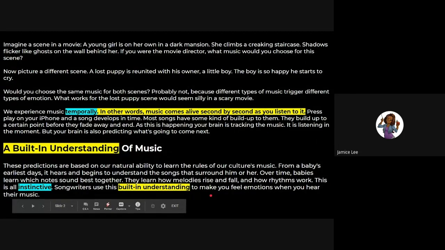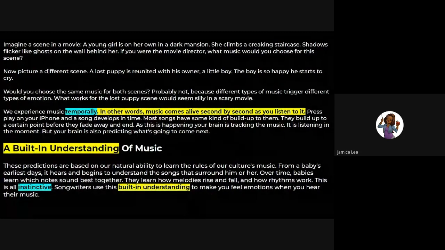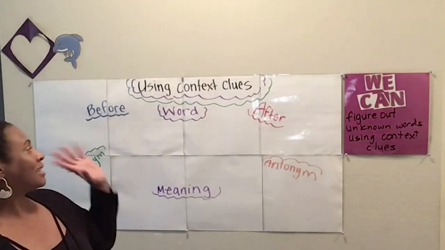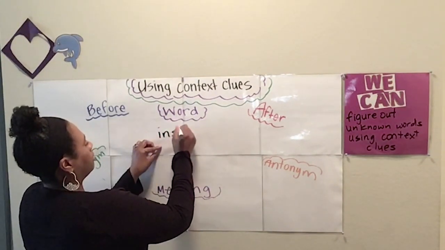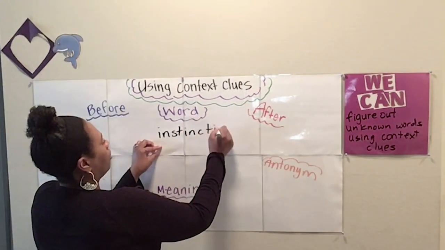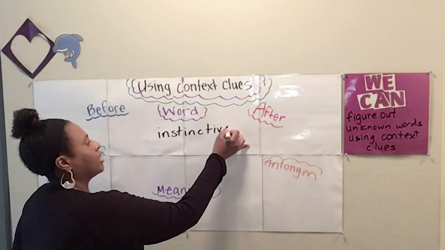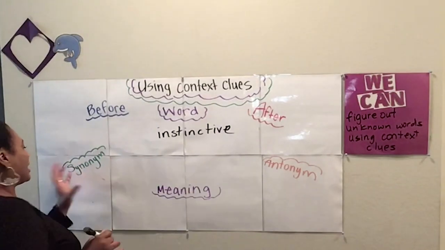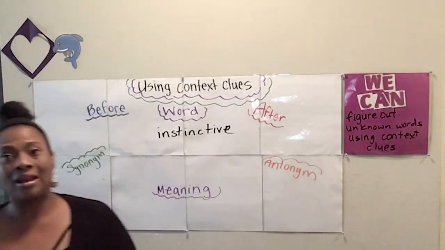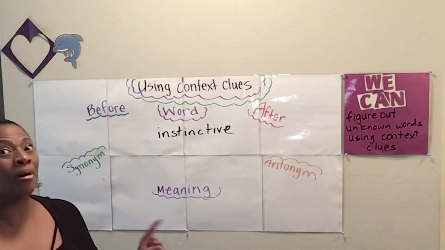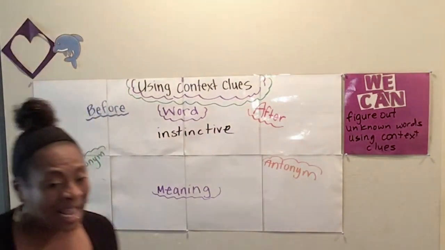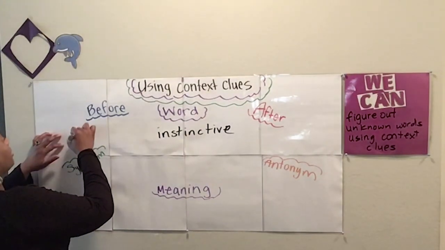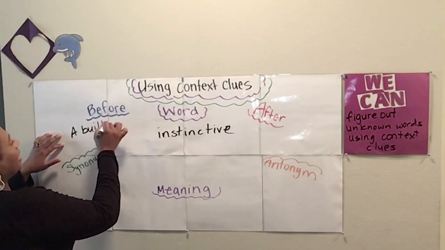I noticed that they said built-in more than once. Let's go ahead and break this down. All right, so that second paragraph, we talked about a new word, instinctive. I didn't see any synonyms or antonyms in that little paragraph, but if I looked at my heading, it says a built-in understanding.